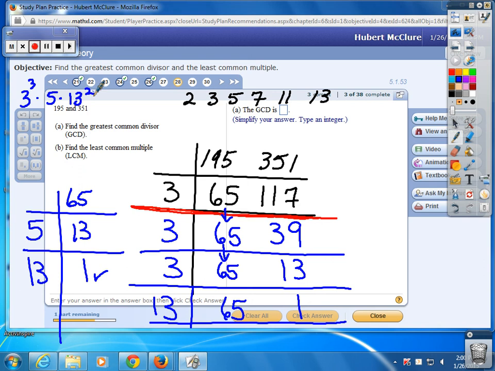So get your calculators out, and that'd be 27 times 5 times 169, which is going to be a big number.